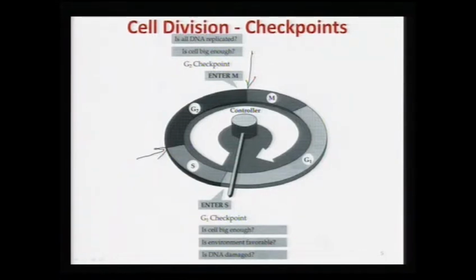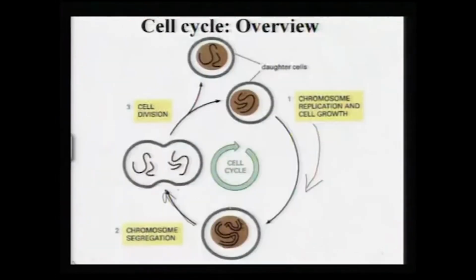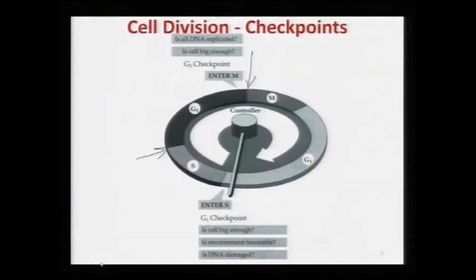Again the checking is whether all DNA is replicated and whether the cell is big enough, because there is chromosome segregation and there is replication. These checkpoints are at particular stages of the cell cycle.